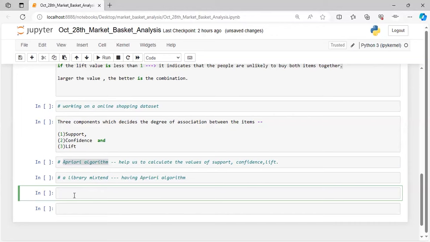After the installation of this particular library, you can import apriori.